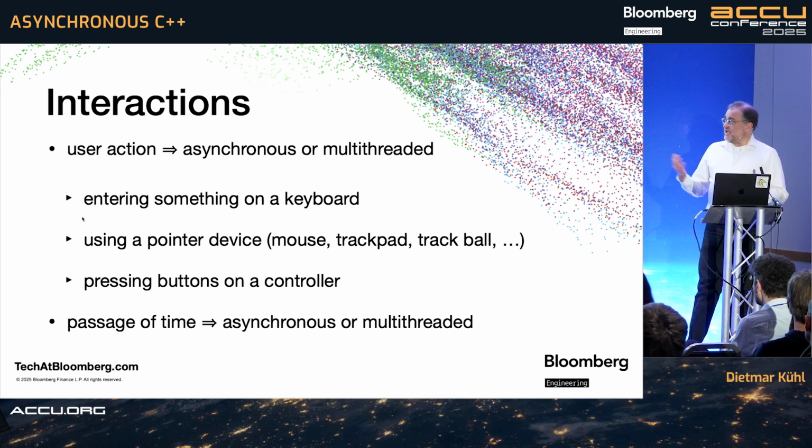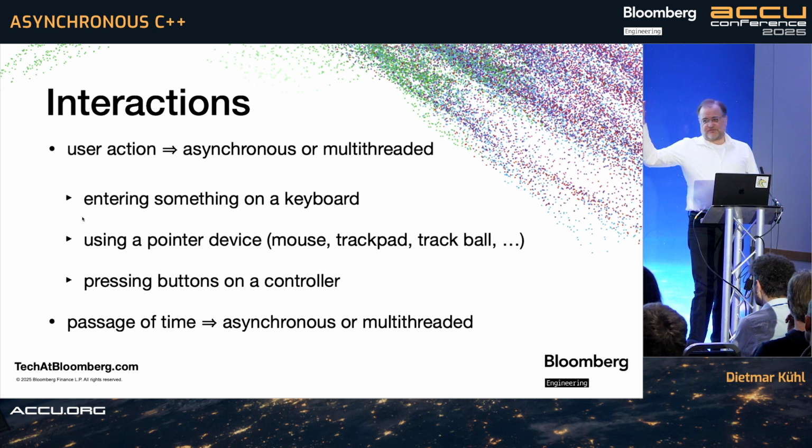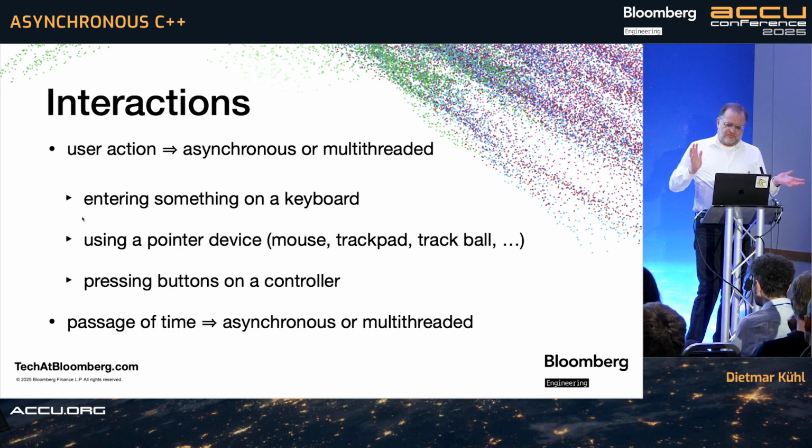If you want to have any of that in your program, you have basically two options. Either you do it asynchronously, which means you request something, and once you have requested it, you only wait for the completion to arrive and you act then.